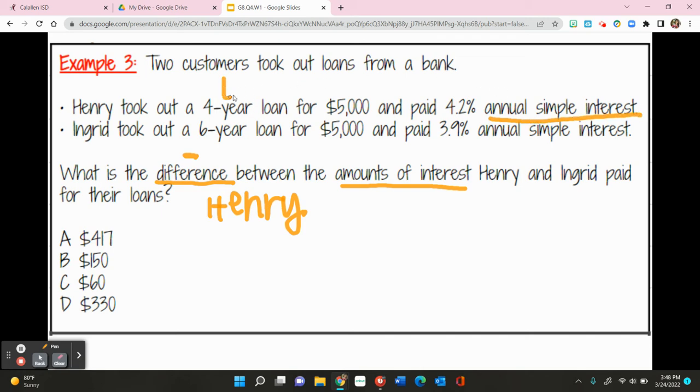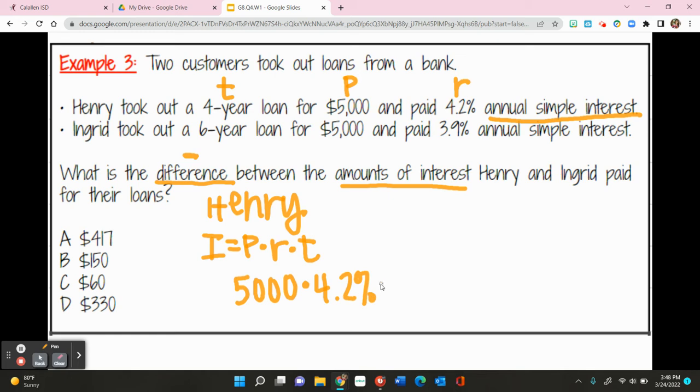So 4 is my time, 5,000 is my principal, and 4.2% is my rate. So again, the annual simple interest formula is I equals P times R times T. So P is 5,000 times the rate, which is 4.2%, times the amount of time, which is 4.